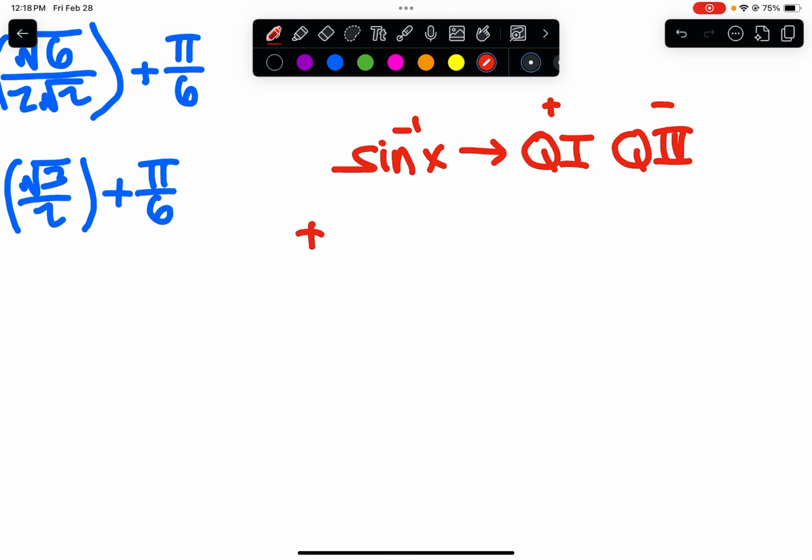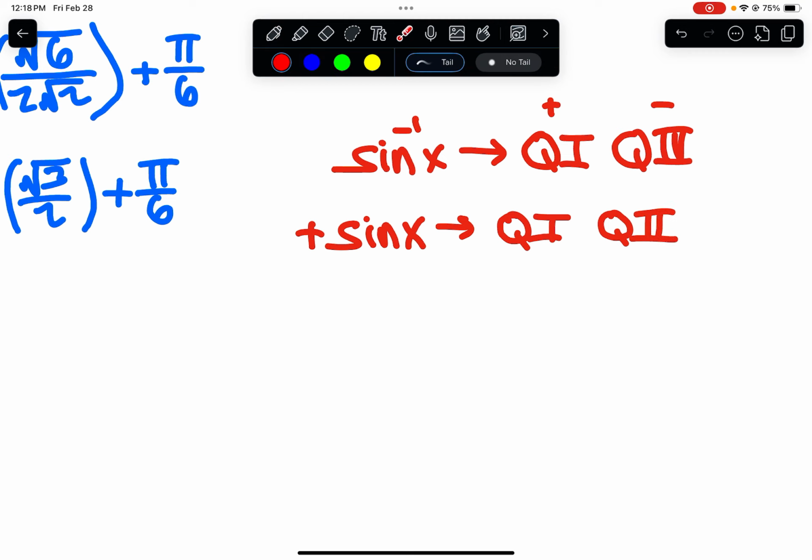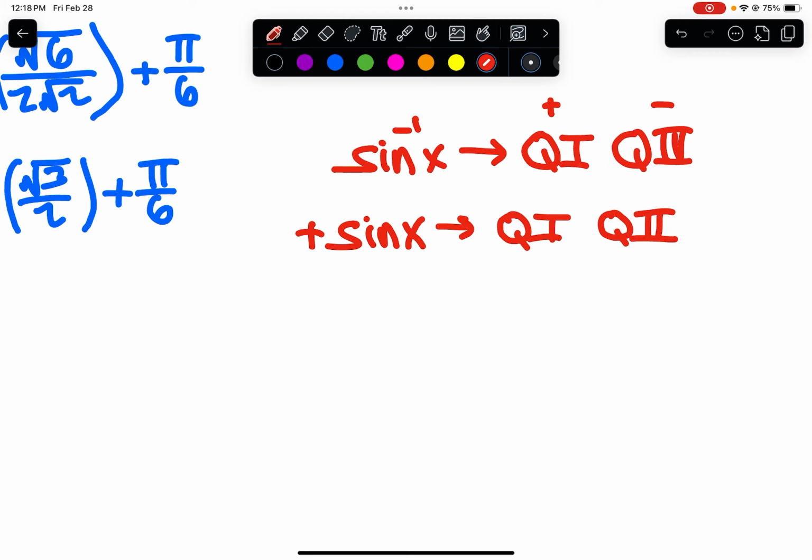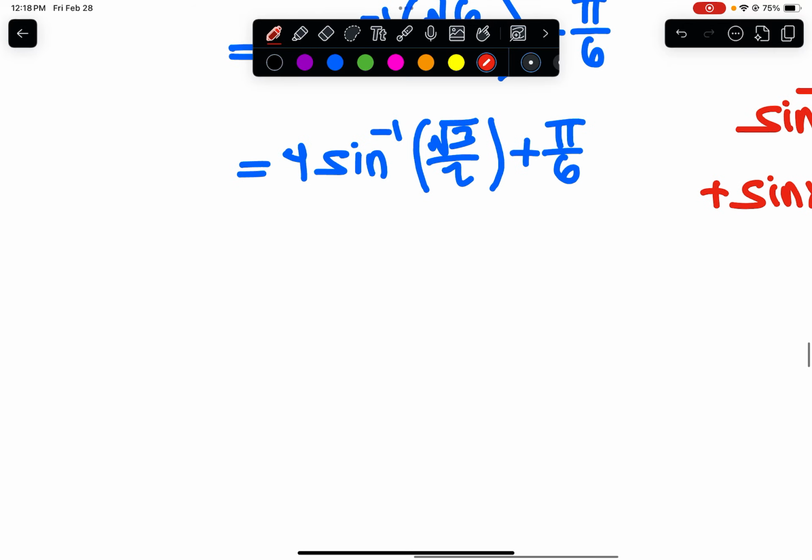Sine is positive in quadrant 1 and in quadrant 2, which means we're looking for where they overlap. So that means our radian is going to be in quadrant 1. So over here, this value right here is going to turn into a radian. So we're going to be left with 4 times where that radian is. So inverse sine of root 3 over 2, that's going to happen at pi over 3.